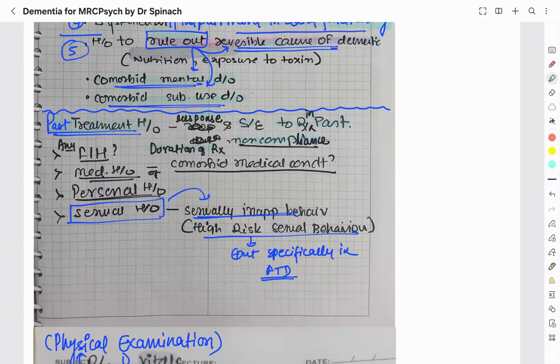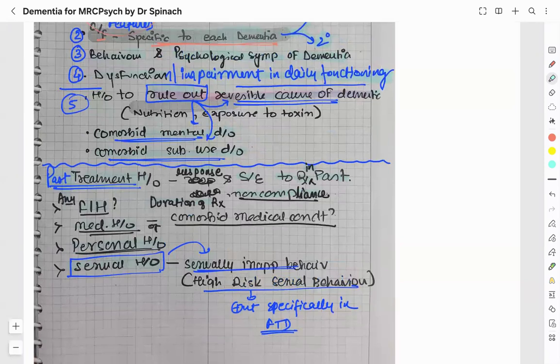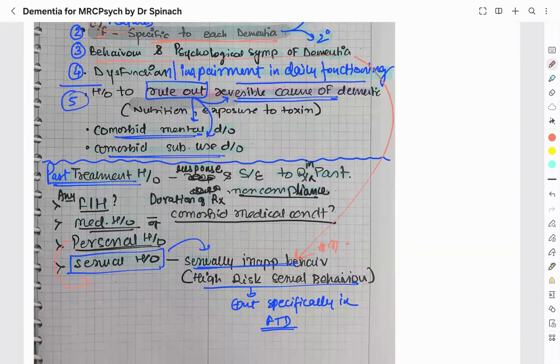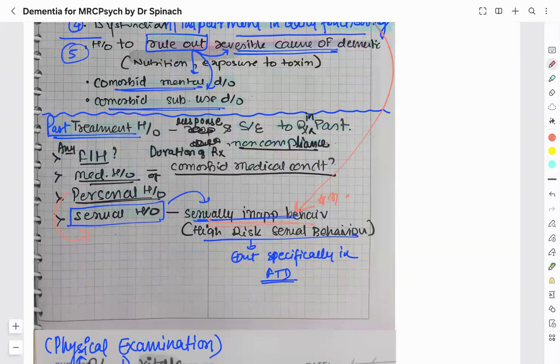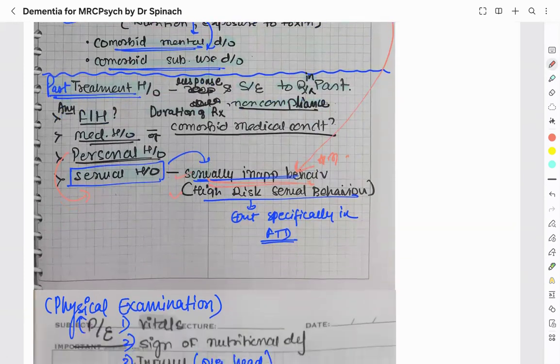Any family history, any medical history, any significant personal history, and sexual history is very important. Although we have already seen behavioral and psychological symptoms of dementia, you can mention it separately because sexual history comes under personal history. So sexually inappropriate behavior is present or not, or high risk sexual behaviors are present or not.